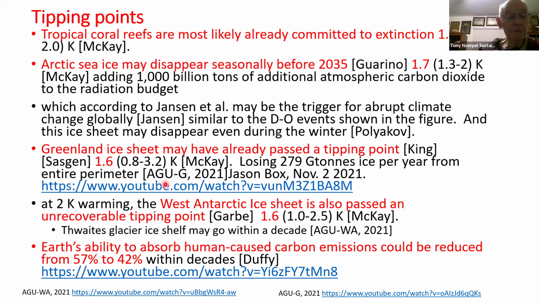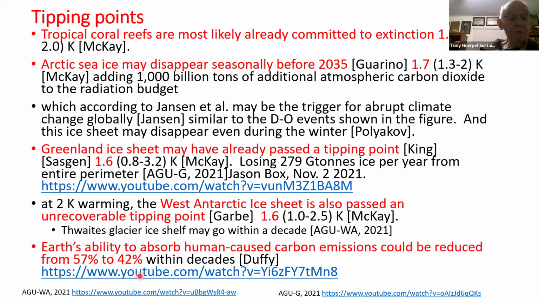These are references. And the Earth's ability to absorb human-caused carbon emissions could be reduced. Right now, it's 57%. So when you say we're putting in 10 million tons of carbon, in the form of carbon dioxide, 57% of that gets reabsorbed. That's not a good thing, because it's causing ocean acidification.